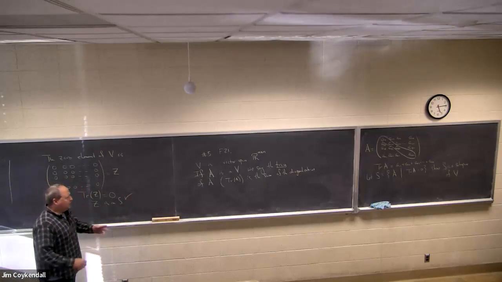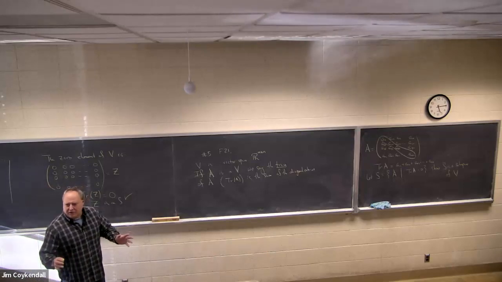What else do we have to show? We have to show that when you add two things that have zero trace, you get something with zero trace.